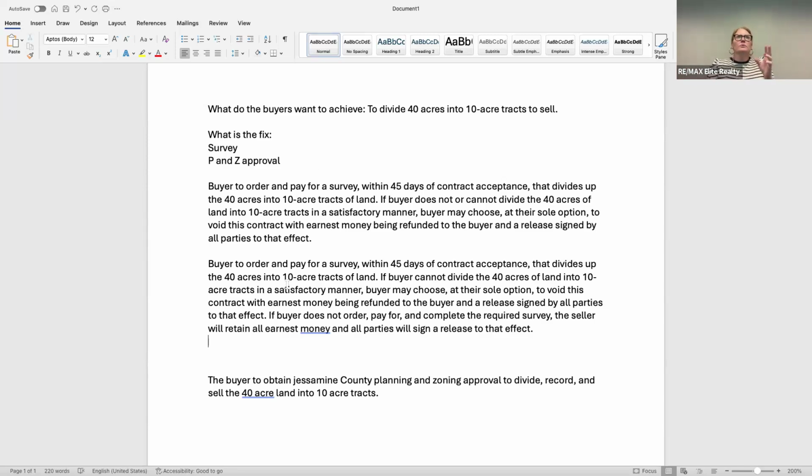And that's why it's so important that when you're writing these contingencies, you're thinking through how the contingency is most favorable to your client and what is fair and what will actually get the contract to be accepted. Because if we just wrote the first one and said, if buyer cannot divide, then it doesn't speak to if the buyer does not take any action.